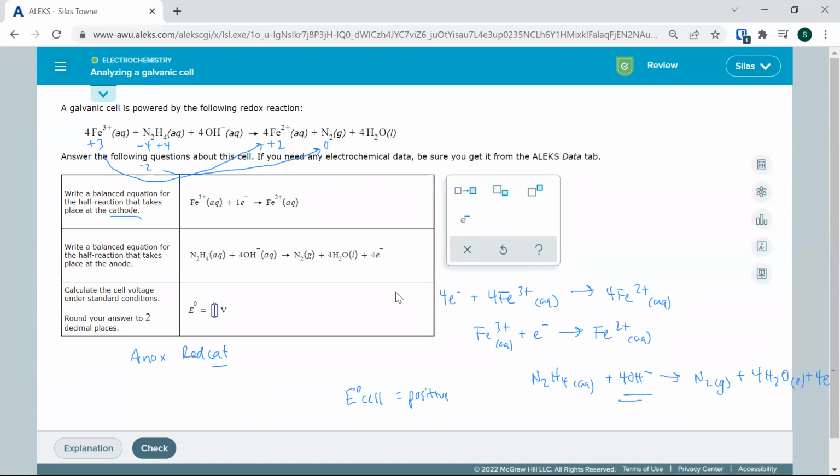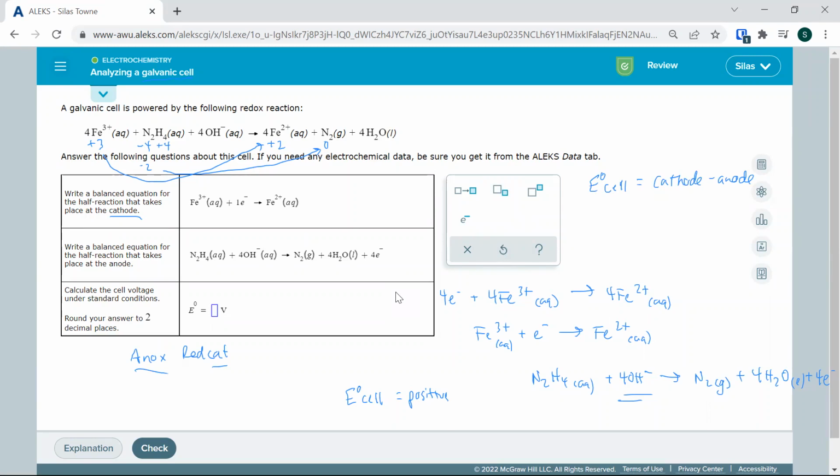Okay, there we go. Now the next step is to find what our cell voltage is. Now remember, E cell equals cathode minus anode. And these are all reduction potentials. We're going to stick with the reduction potentials, even though our oxidation will show up backwards in the reduction potential graph.